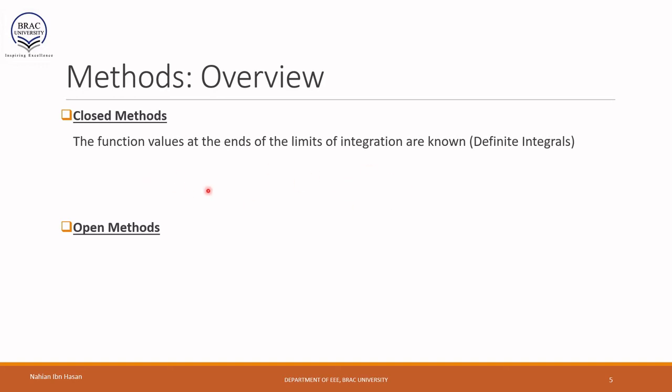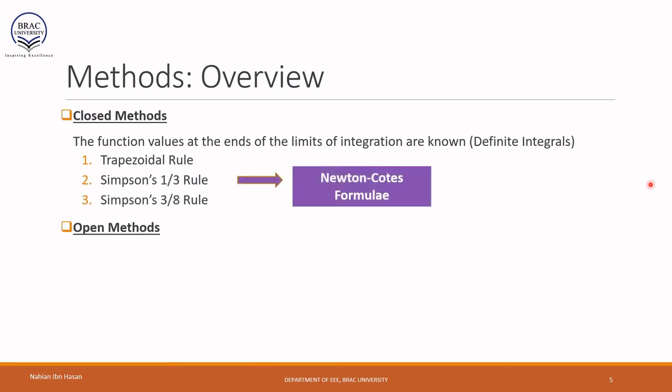We will look at the definition graphically later, but right now let's look at methods like the trapezoidal rule, Simpson's 1/3 rule or Simpson's 3/8 rule. These methods are used to find the numerical integration whenever the function values at the ends of the limits are known. So these are known as closed methods.